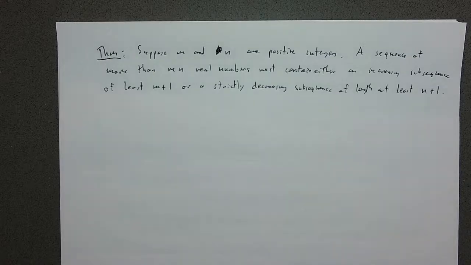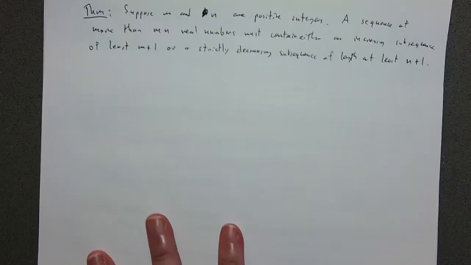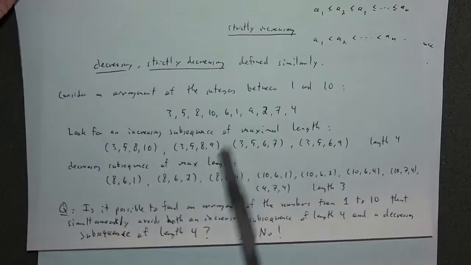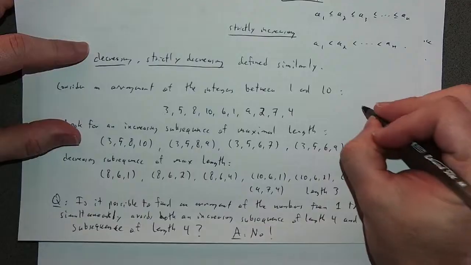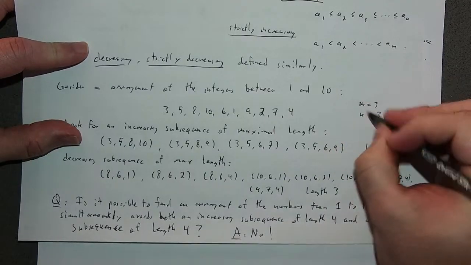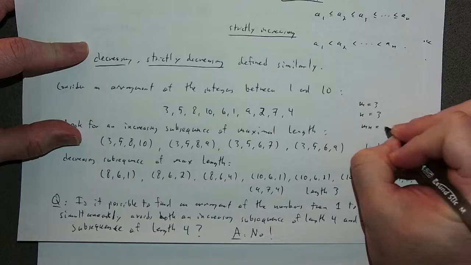So look at how this theorem applies to our previous example. We're arranging 10 integers. m is 3, n is 3, and 10 is more than m times n, which is 9.